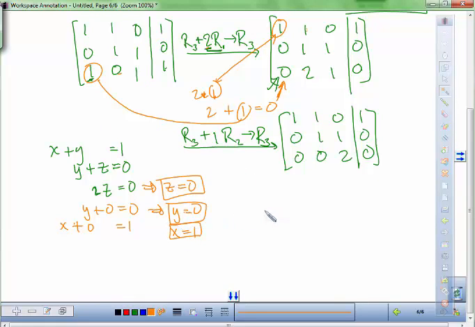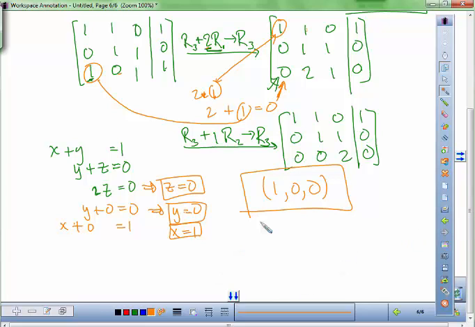So what's my vector solution? 1, 0, 0. I guess you write it however they want it written. But it looks like that's going to be our solution. Oh, I didn't pick it from the homework set, so I don't have a chance to check.